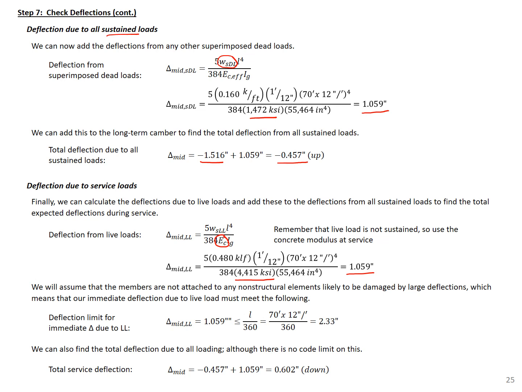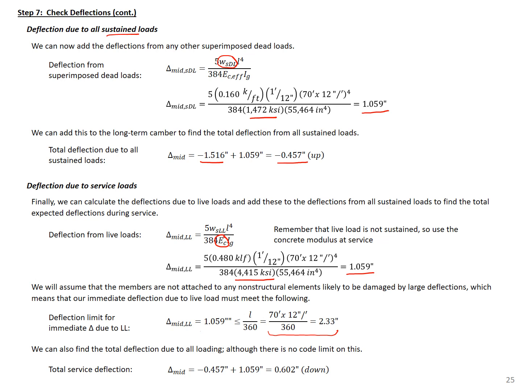For our ACI 318 limit, we're going to assume that the member is not attached to any structural elements that are likely to be damaged by large deflections. This means that we need to limit our immediate deflection due to live load to less than L/360.